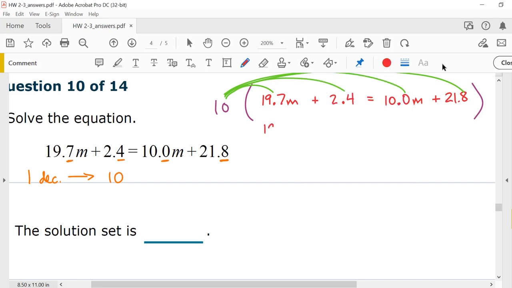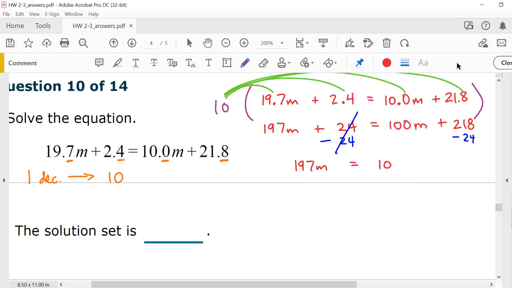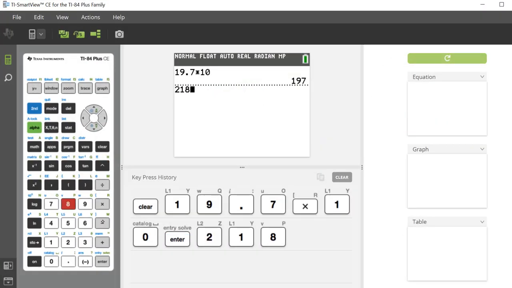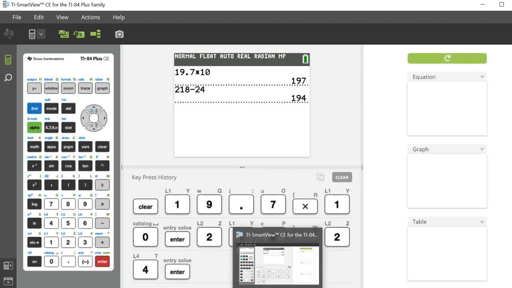I get 197m plus 10 times 2.4 is 24 equals 10 times 10m is 100m plus 10 times 21.8 is 218. If I subtract 24 from both sides, I have 197m equals 100m plus 218 minus 24. 218 minus 24 is 194.